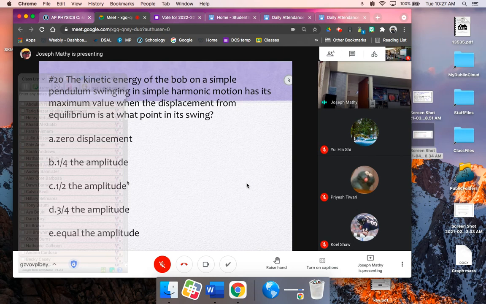Thought question, people, just a thought question. Think of a pendulum like that. A pendulum bob means just a small metal object.